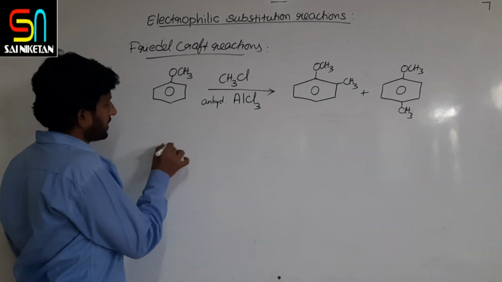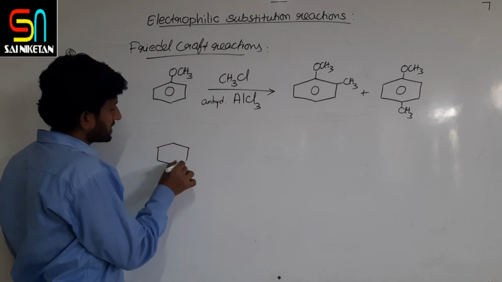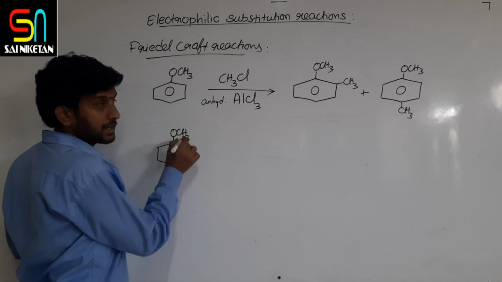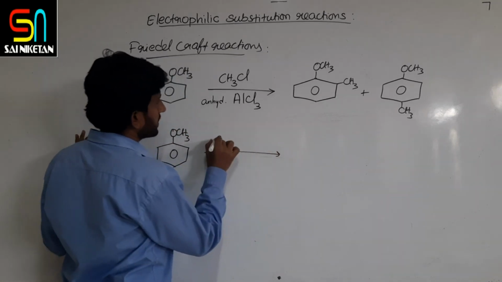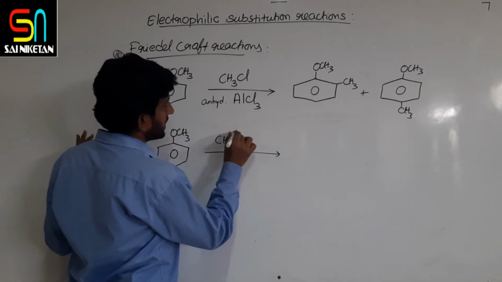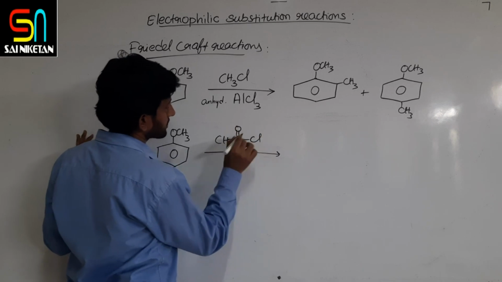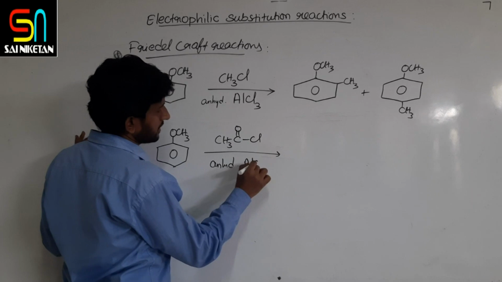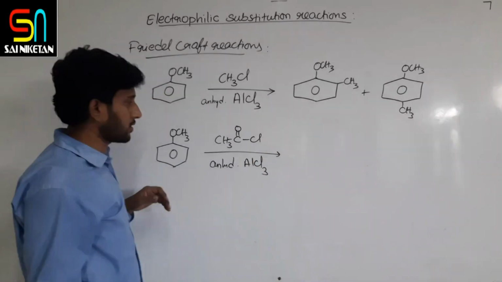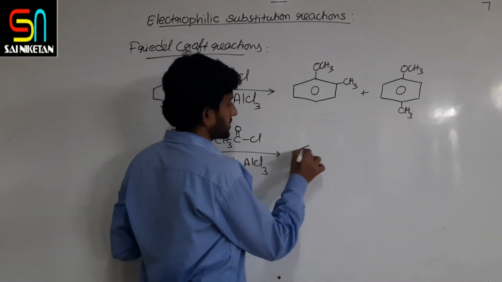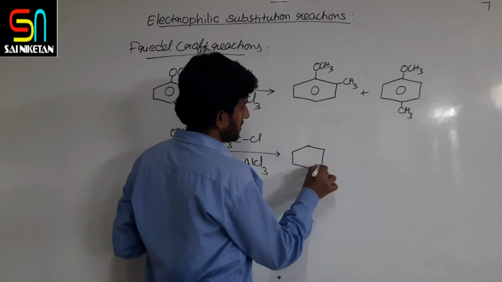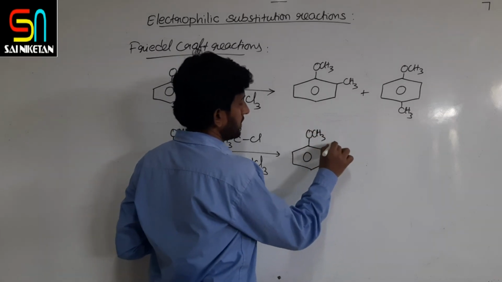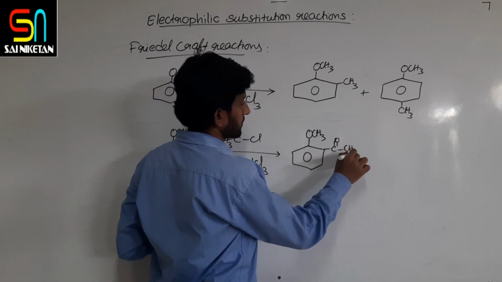Similarly, when you do Friedel-Crafts acetylation or acylation, we are taking here acetyl chloride with anhydrous AlCl3. Then the electrophile attacks at the ortho and para positions. So what is the product you will get? At the ortho position you will get COCH3.